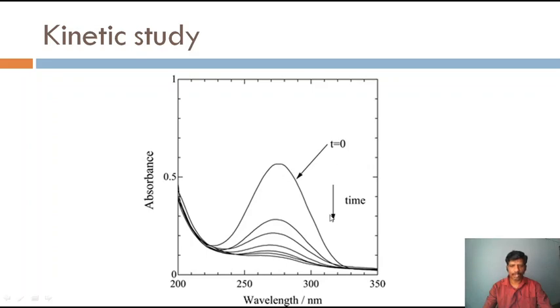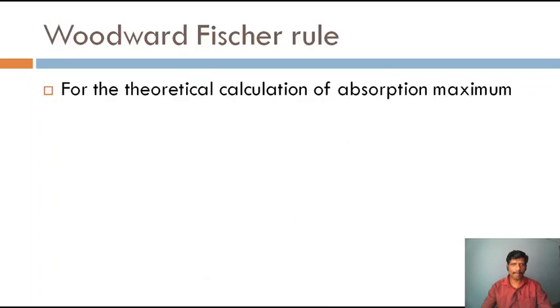At different times you have to take different samples. If you record all the spectra together, for the same compound you get this type of structure. This is how they study the kinetics. And with respect to time, you can also take the maximum point values and draw a straight line, to see whether it follows a linear graph, whatever it is. You can study all those things, right?